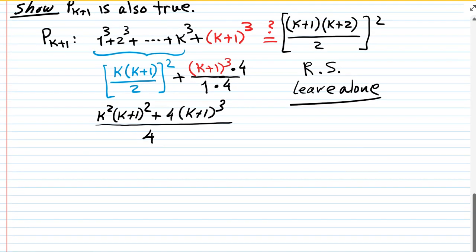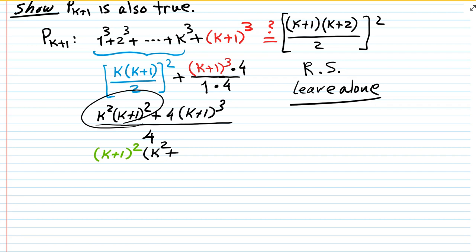Okay, now I can factor k plus 1 squared from the numerator, couldn't we? Let's do that. So I'm going to go k plus 1 squared. When we factor it from here, what's left over is k squared. That's what remains from the first expression. What remains from the second expression, because we're removing 2 factors of k plus 1, the binomial, is 4 times k plus 1.